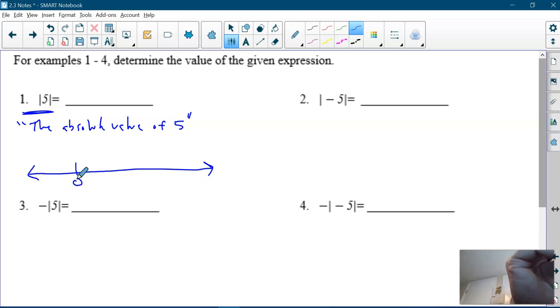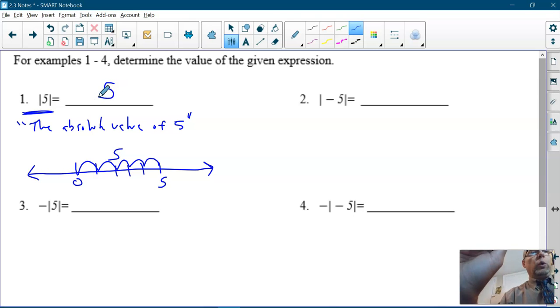So if I put 0 on my number line, and then I go to 5, how far away from 0 is 5? Well, it's 1, 2, 3, 4, 5 units away. Maybe that seems obvious to you, maybe it doesn't, so count it out if it doesn't. The absolute value of 5 is 5. It's always going to be a positive number. Absolute value will always take a number and make it into a positive.